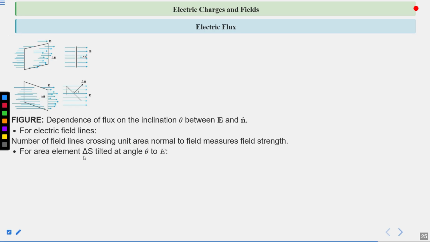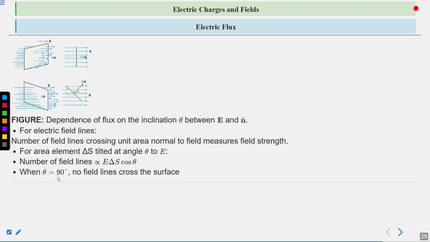So area element delta S is tilted at a small angle delta theta to E. So the number of field lines is directly proportional to E delta S cos theta. This is important. Number of field lines depends on this term. When theta is 90 degrees, no field lines cross the surface because cos 90 is 0.